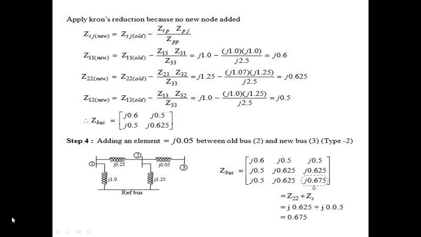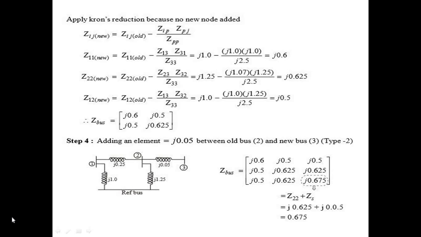Then Z12 new is equal to Z12 old minus Z13 into Z32 divided by Z33, that is equal to j1.0 minus j1.0 into j1.25 divided by j2.5, equal to j0.5. Z bus equal to 0.6, 0.5, 0.5 and 0.625.